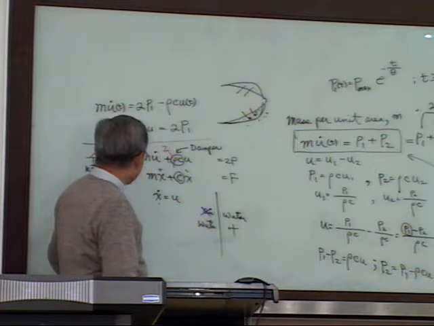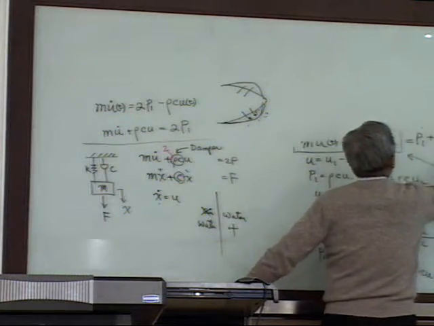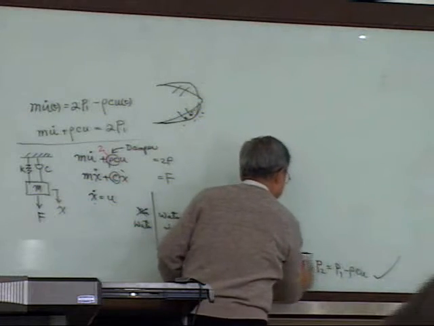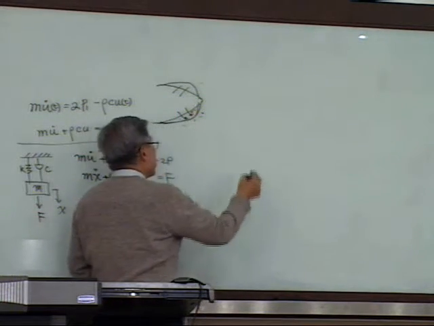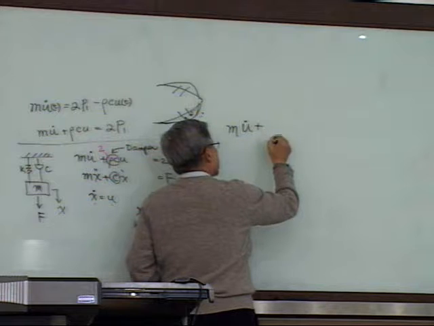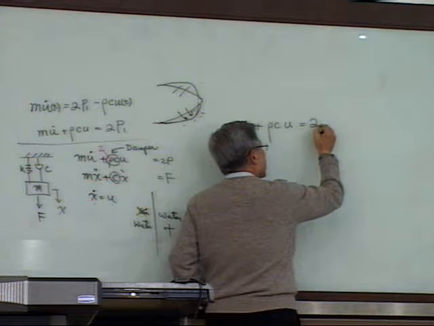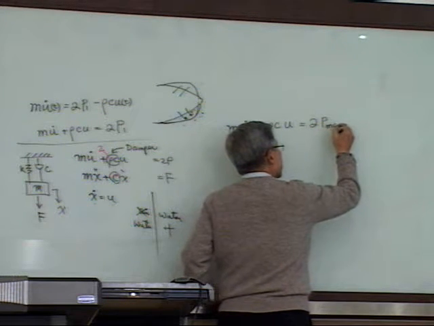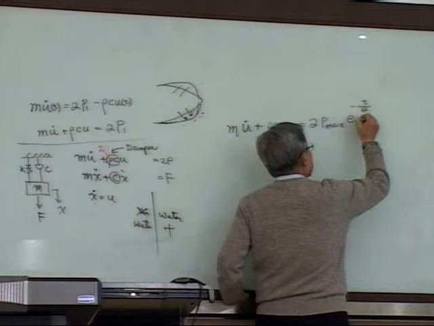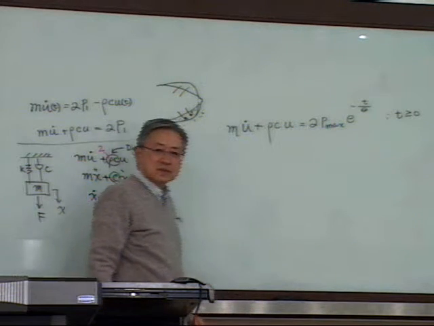So then you have a very nice equation: u dot plus rho C u is equal to 2P1, where P1 is P max e to the minus t over theta, and t has to be greater than or equal to 0.